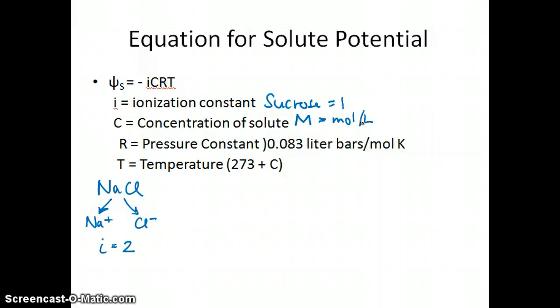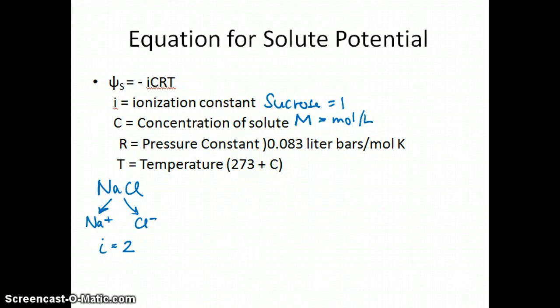It's 0.083 liter bars per mole K. And you should start to see how liters might cancel, moles might cancel. And temperature is in kelvins always, so it's 273 plus your degrees Celsius. And you can see now how kelvins might cancel out as well.